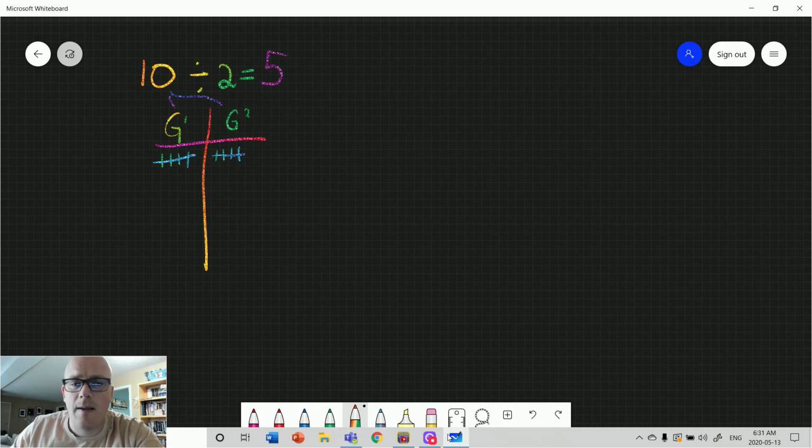Now, yesterday we learned that there's a relationship between division and multiplication. So if we look here, 10 divided by 2 equals 5, and then 5 times 2 equals 10.